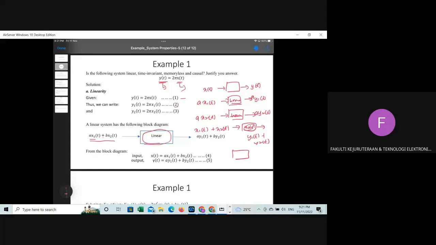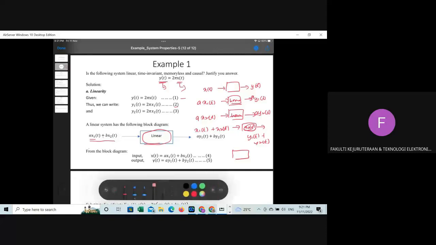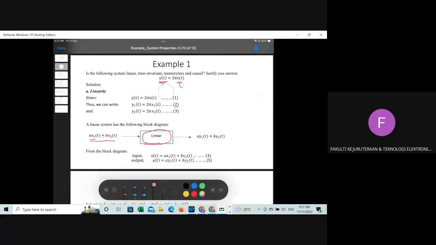That is the block diagram for that. So you write these three equations, 1, 2, 3, the first three steps.